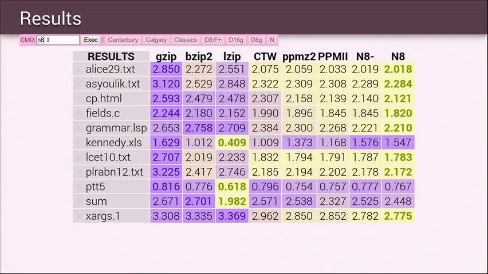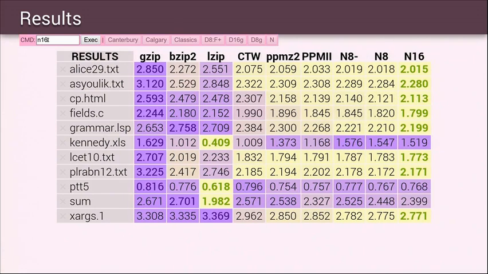And this is without optimization. Once we add the optimization, then we're doing even better. And once we go to depth 16, then we really start rocking the boat. Except on these 3 files, these nasty files that I should just delete, called Kennedy, which is a binary spreadsheet, and PTT, that's a picture, and sum, which is a computer binary.